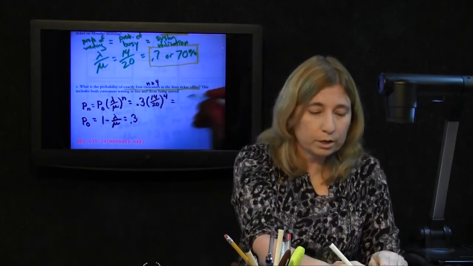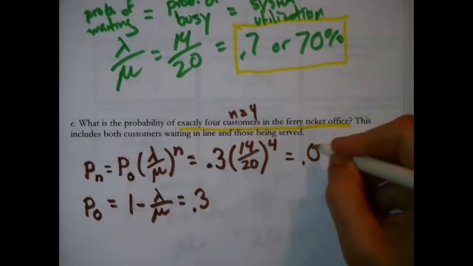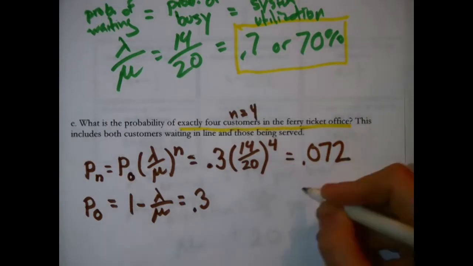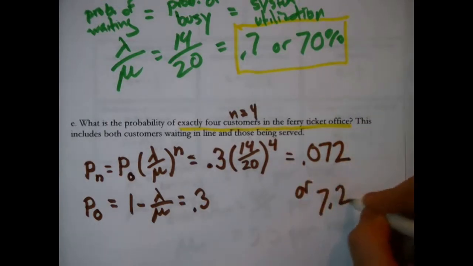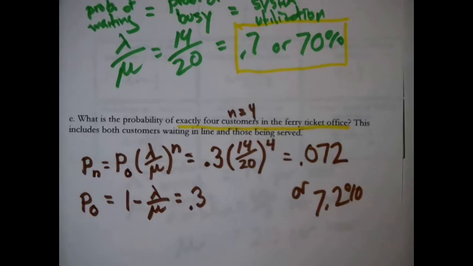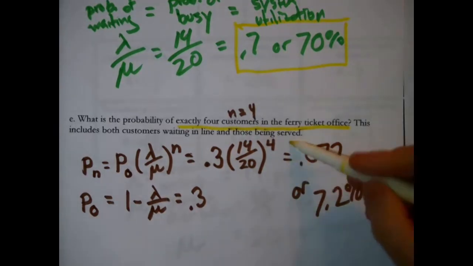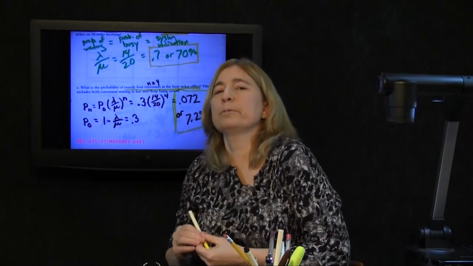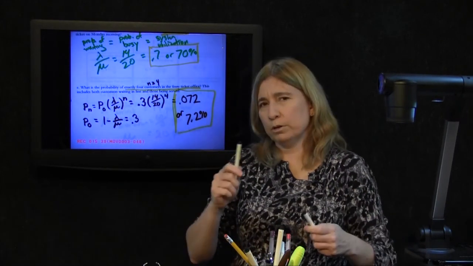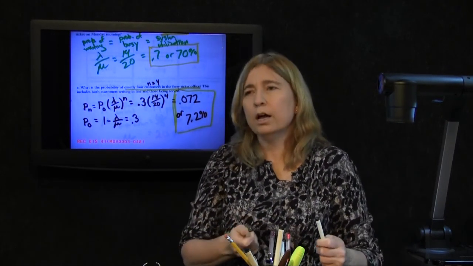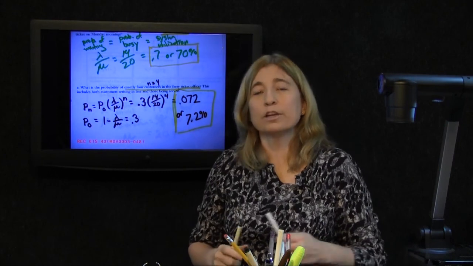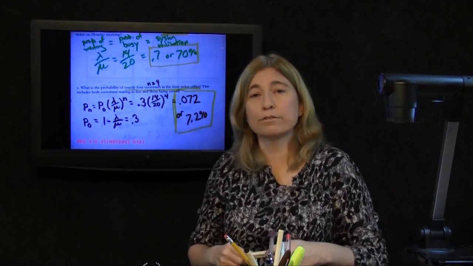That's where I'm getting 0.072 by the time you're done, which, when you talk about probabilities, it's more intuitive to turn them into percents, about 7.2%. So you turn up at the ticket office, maybe you're going to buy a ticket, maybe you won't, but you turn up in the doorway, there is about a 7% chance that there'll be exactly 4 customers in the office on Monday morning.